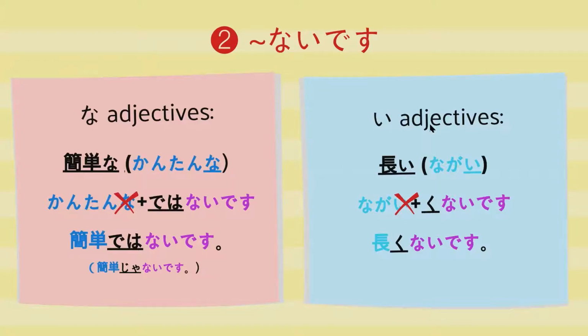For i adjectives, 長い will become 長くないです. We delete the i and simply add くないです to make the ないです form. 長くないです is not long.